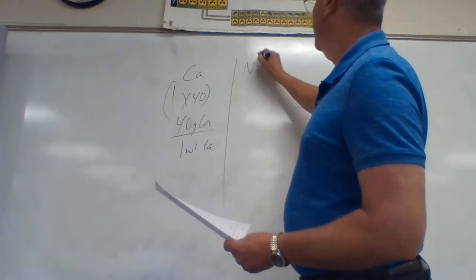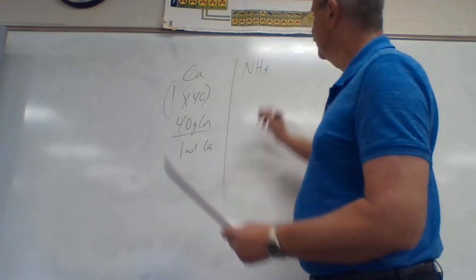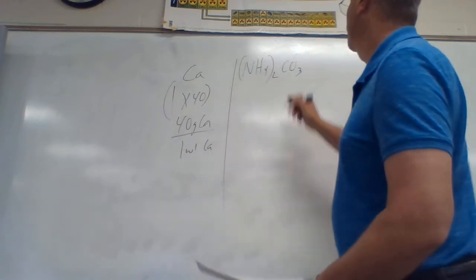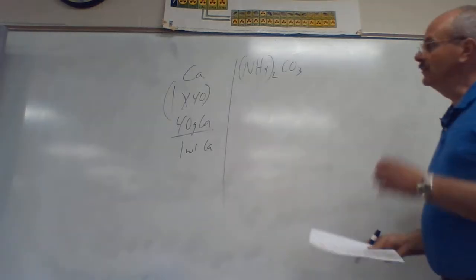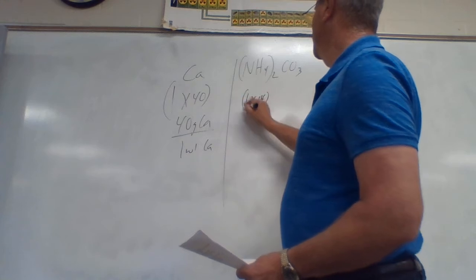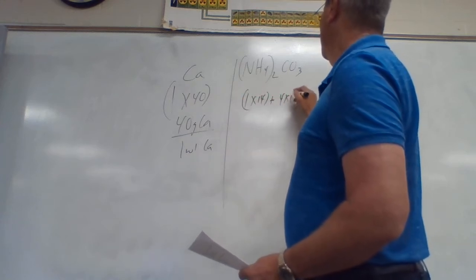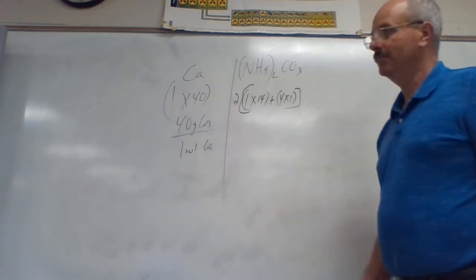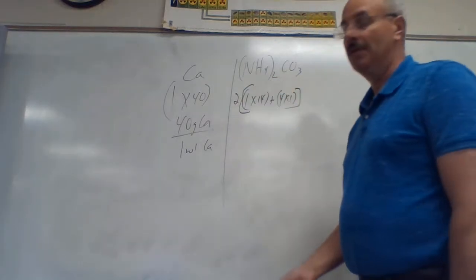Second one, you've got (NH4)2CO3. So it's ammonium carbonate. So for this one, in the brackets here, we've got 1 nitrogen times its mass, 14, plus we've got 4 hydrogens times its mass, 1. All of that times the big 2 out in front, or the 2 that's right there.